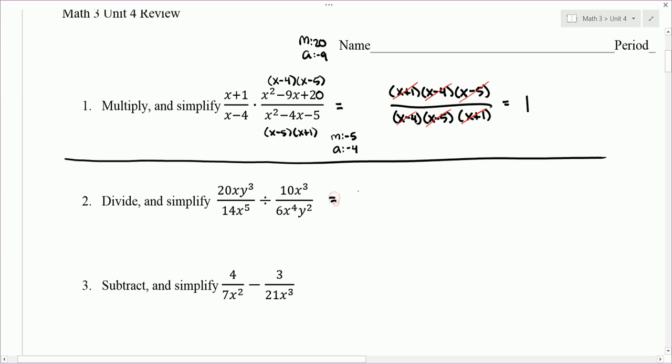I'm going to rewrite the first fraction just like it is. So 20x y to the third over 14x to the fifth times, so I'm changing division to multiplication and flipping over the second fraction, which is the reciprocal. So 6x to the fourth y squared over 10x to the third power.